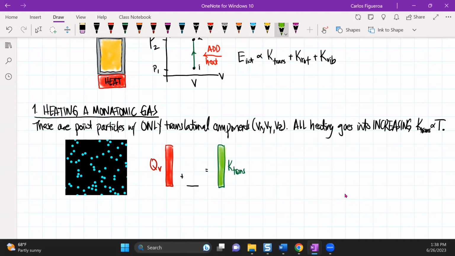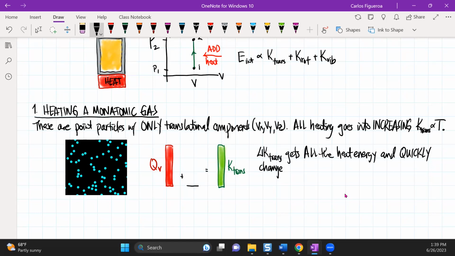In other words, it is not sharing the heating with any other component but K translational. So the change in the translational kinetic energy gets all the heating, all the heat energy, and quickly changes temperature.